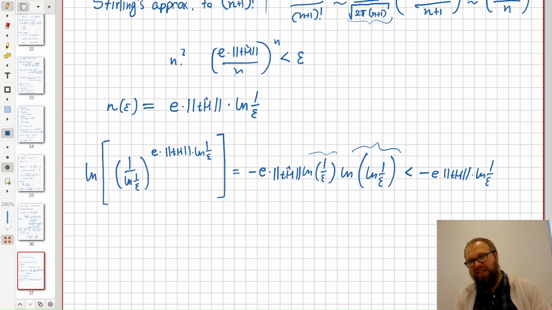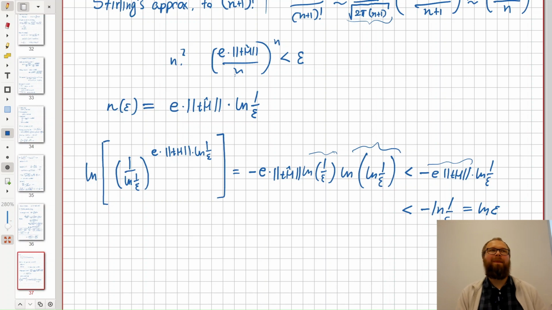So I can go even more. This is the thing I'm doing. So let me just get rid of this as well. And then I get logarithm 1 over epsilon, equal to logarithm of epsilon.